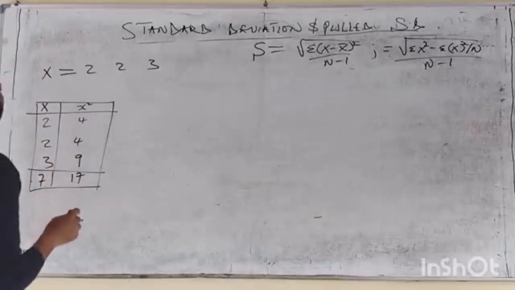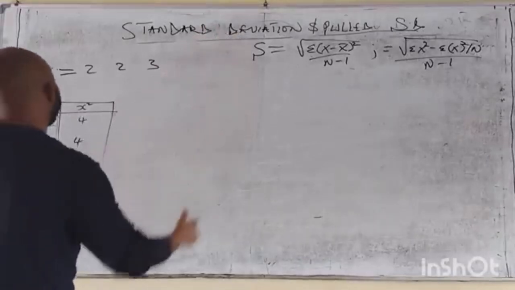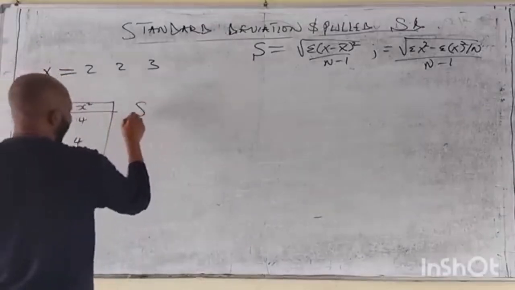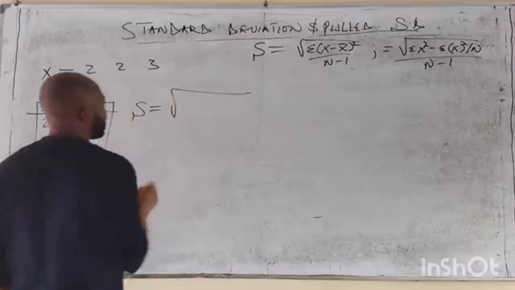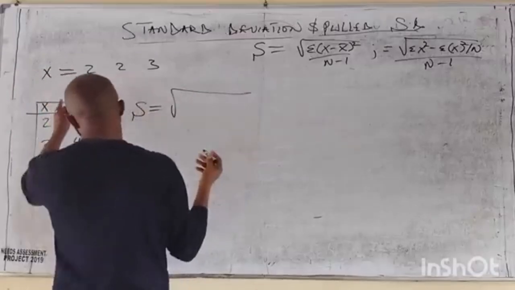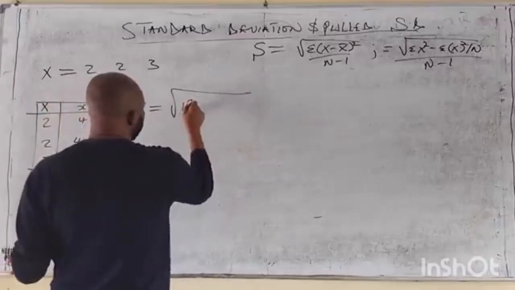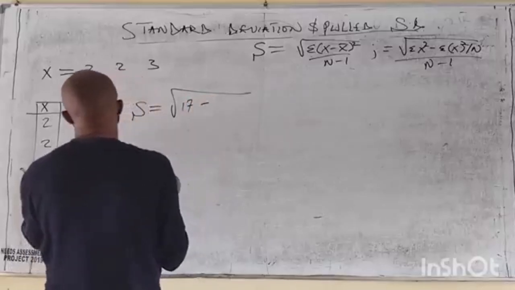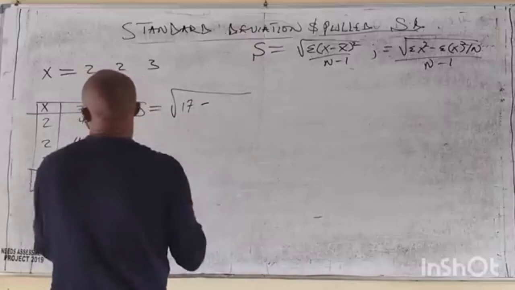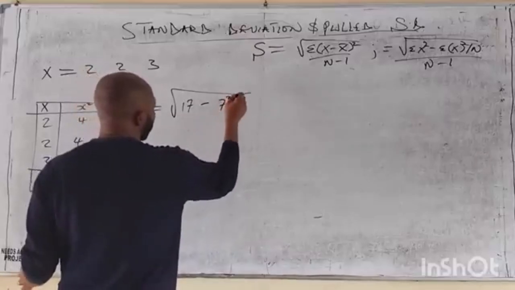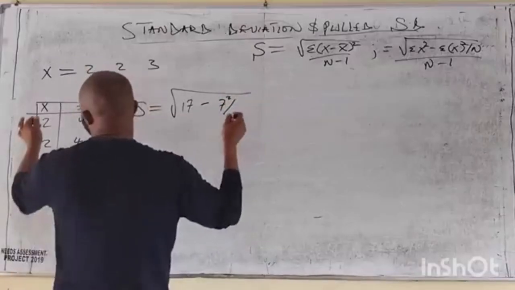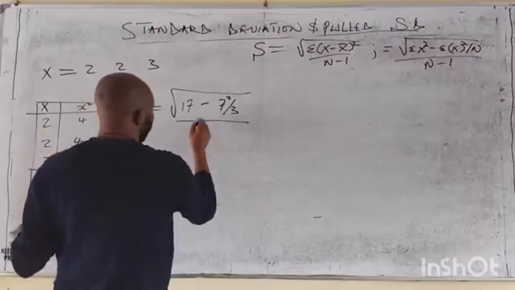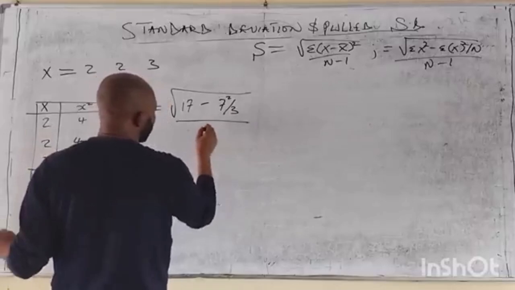So for the first one, I think we're using the second formula first. If we substitute our variables, I will have S equal to the root of the summation of x squared, which is 17, minus the summation of x, which is 7, squared, over n, the number of degrees of freedom, 1, 2, 3, so over 3, all over n minus 1, which is 3 minus 1, which is 2.